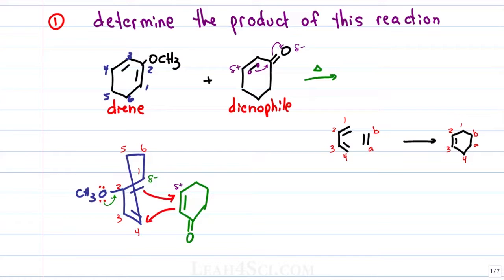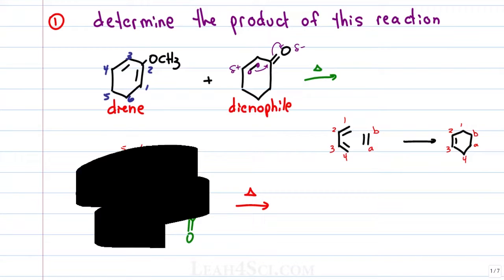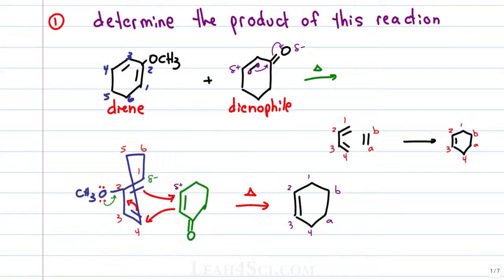Now that we have it set up, we proceed with the reaction. We have a concerted mechanism where all the electrons move at the same time, giving us a cycloaddition. Drawing the product looks scary, so don't even look at your starting molecules when you're first drawing the product. Instead, we'll just draw a cyclohexane, because that is the product of a Diels Alder reaction. 1, 2, 3, 4, A and B. Now let's look back at what we have, and let's not forget the A and B over here.